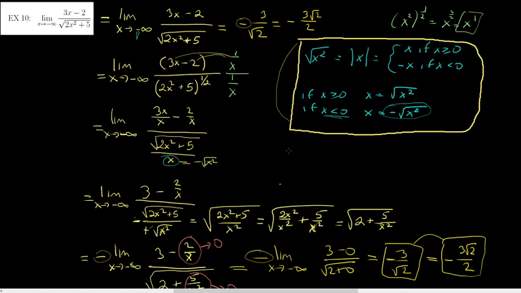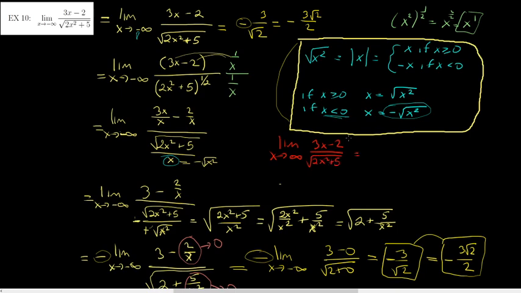If we were going to positive infinity, hang on. Let's treat that as a separate example here. If we're going to say the limit as x goes to positive infinity of the exact same expression, 3x minus 2 over the square root of 2x squared plus 5.